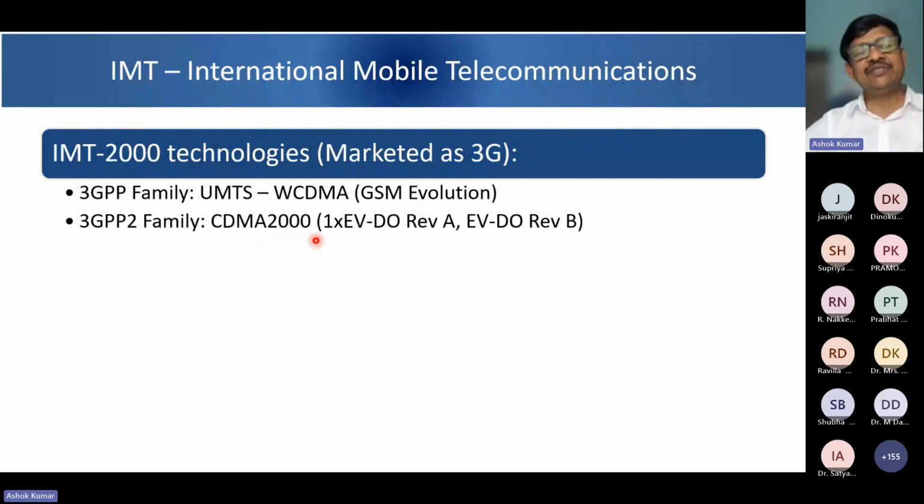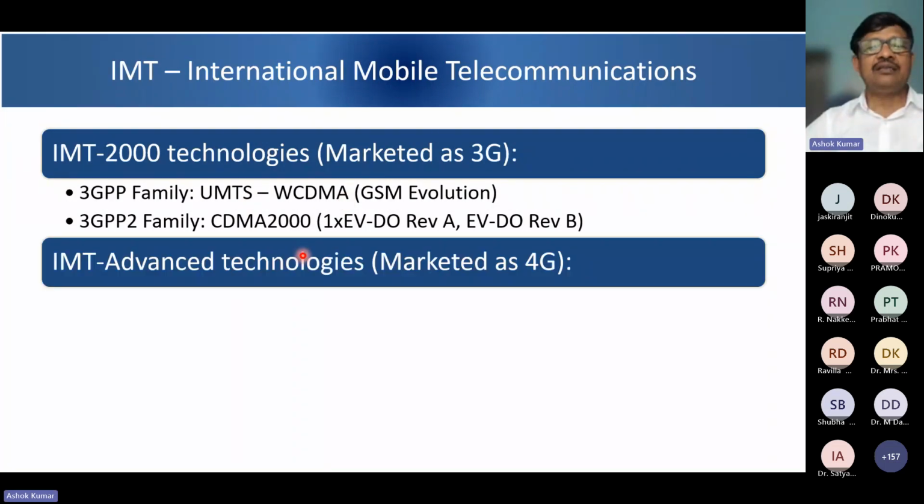At that point of time, CDMA EVDO revision A and EVDO revision B were approved as 3G by ITU. So there were two technologies, but all of us know that what succeeded was UMTS or WCDMA, and 3GPP2 died down.